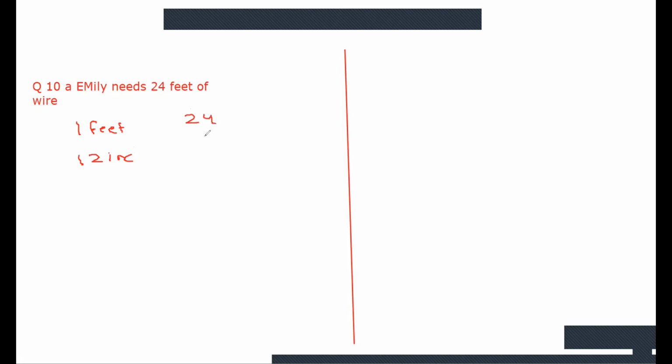24 feet, how much? What will I do? This is division, this is multiplication. You will get 12. Again, let me write it properly. 12 inches is how much? So 24 times 12.